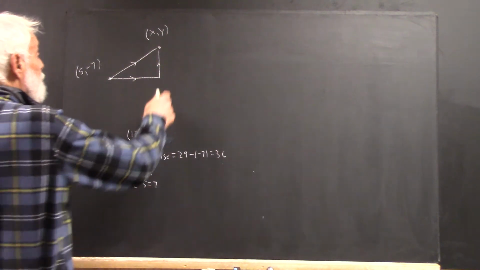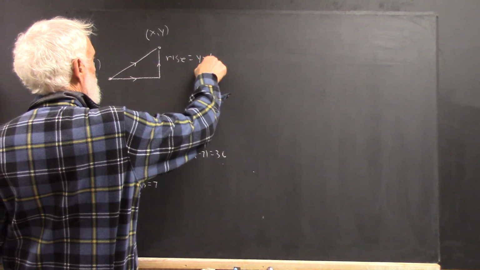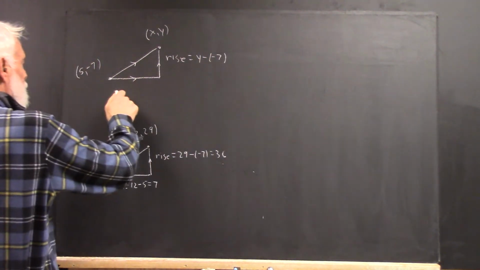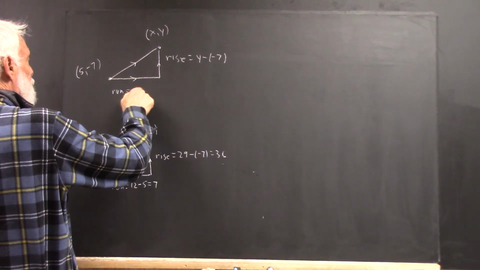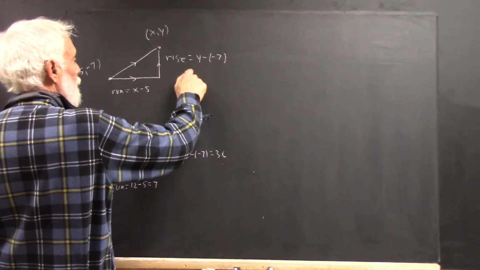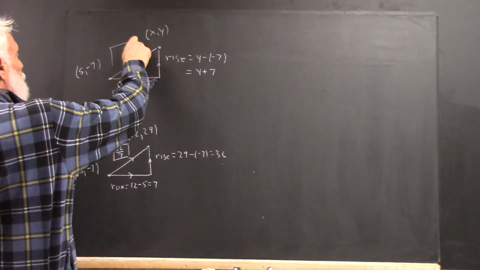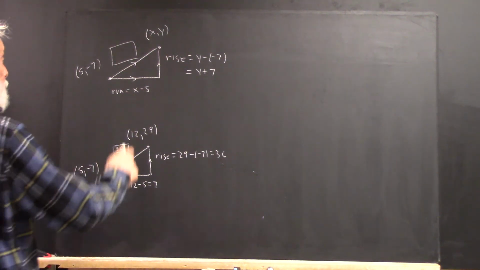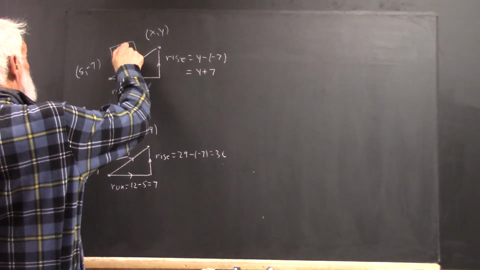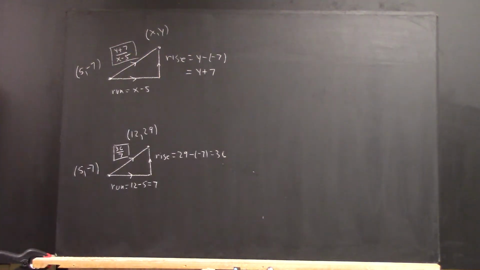So the rise is y minus -7, and then by similar logic, the run is x minus 5. And of course, y minus -7 is y plus 7. So now the slope is what? Rise over run, y plus 7 over x minus 5. Okay?